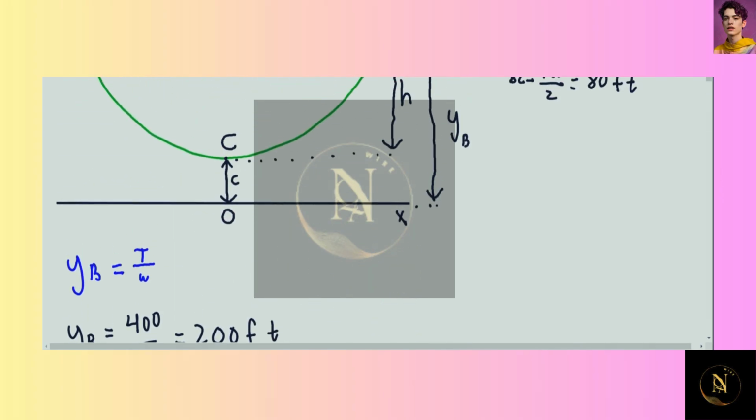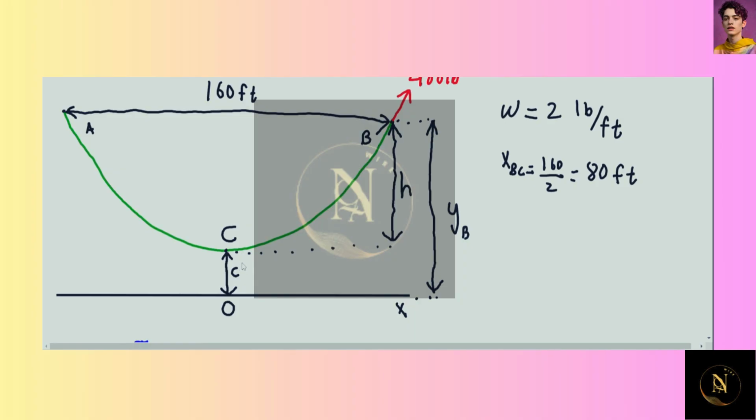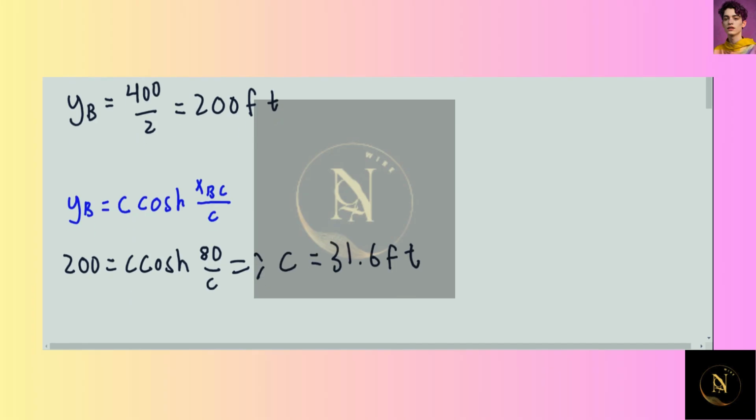So we know what c is and we know what y of b is. So to get this value of h, we can take y of b, subtract c, and that will give us the value of h.